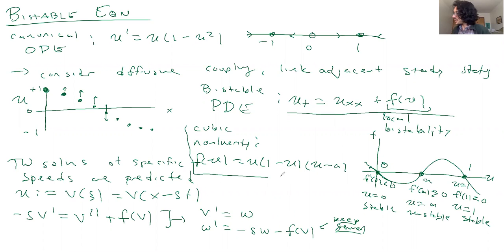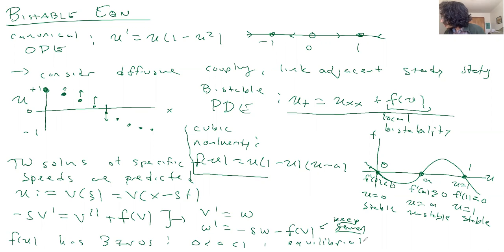It could really be anything that has 3 intersection points like this. So you could have another nonlinear function that just intersects the u-axis 3 times. The only thing you need is that f of u has 3 zeros, okay? And we're going to make those zeros 0, A, and 1. And so in that case, our equilibria are going to be (v,w) equals (0, 0), (A, 0), and (1, 0), okay?